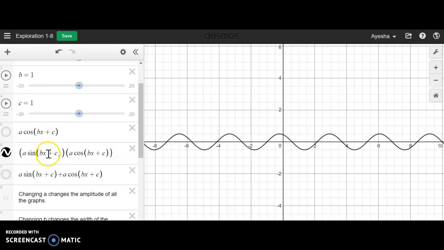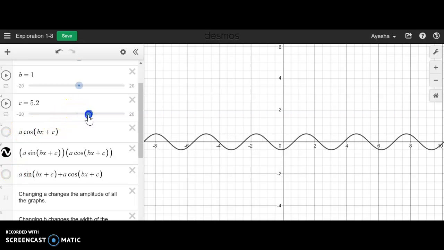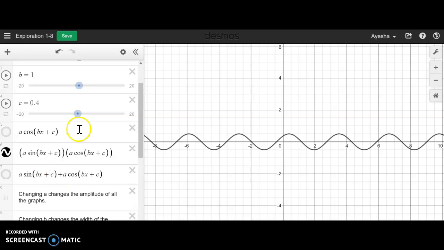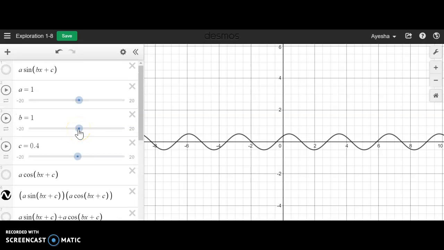Yes, so a number being added or subtracted from the x, the input of a function, is just going to shift the graph horizontally, and if it's a negative number, it's going to move it towards the positive side, which is towards the right, and if it's a positive number, it's moving it towards the left. So those are some of my initial thoughts on this.